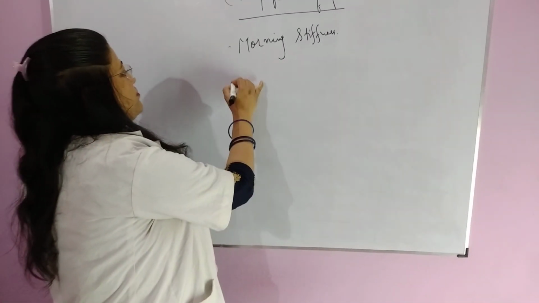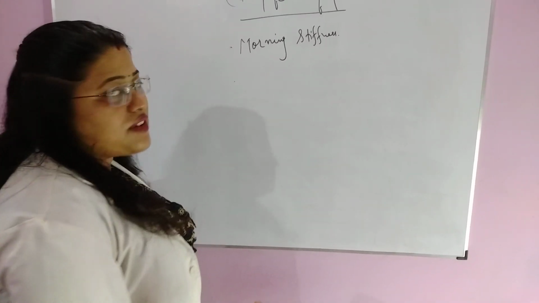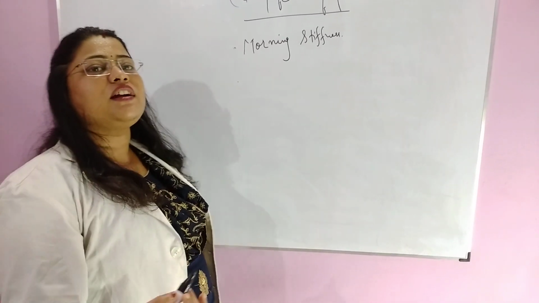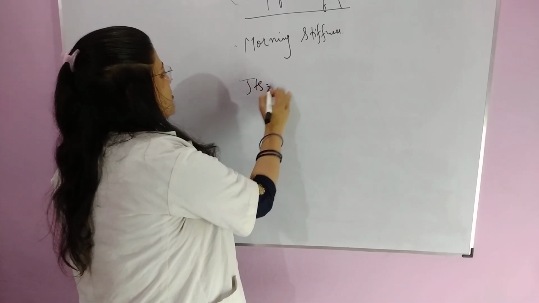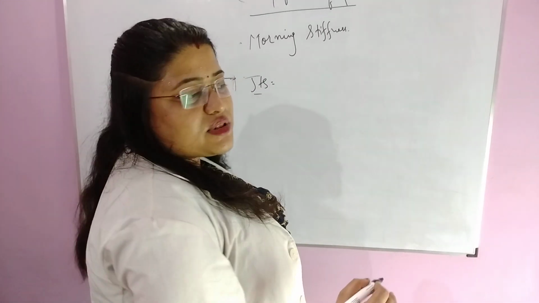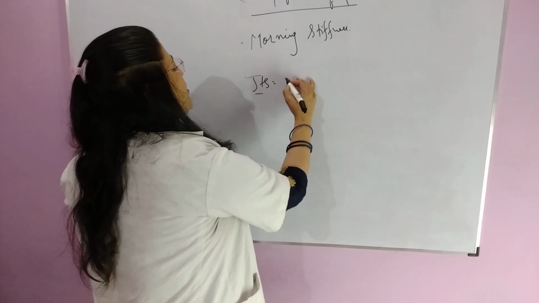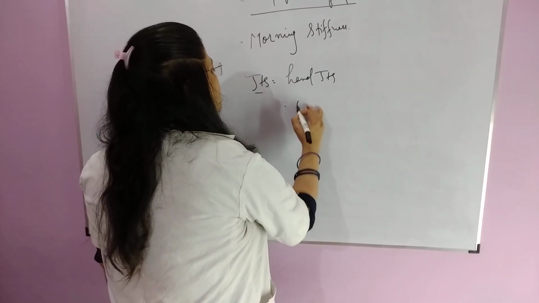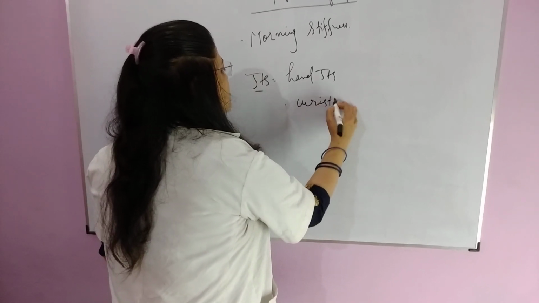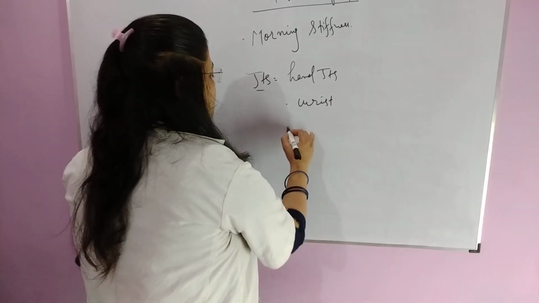Second, which joints are more affected by rheumatoid arthritis? So joints affected are small joints, basically hand joints, wrists, joints of feet.